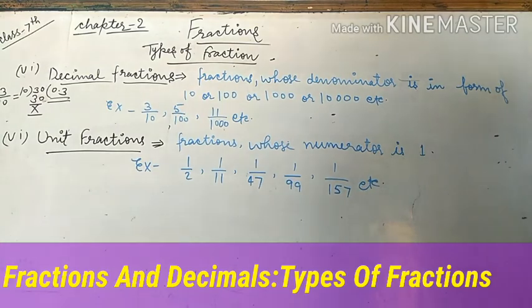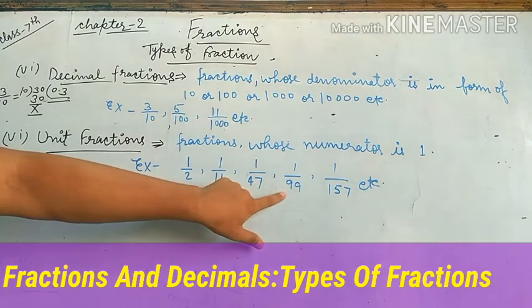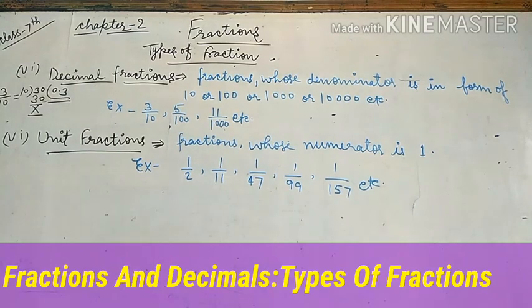In the upside, the numerator will be 1 all the time: 1 upon 2, 1 upon 11, 1 upon 47, 1 upon 99 and 1 upon 157, etc. Like that you can write any number whose numerator is always 1. So these are all the types of fractions. Memorize it, set it in your mind, and then we will move on to the exercise. Okay, have a good day.